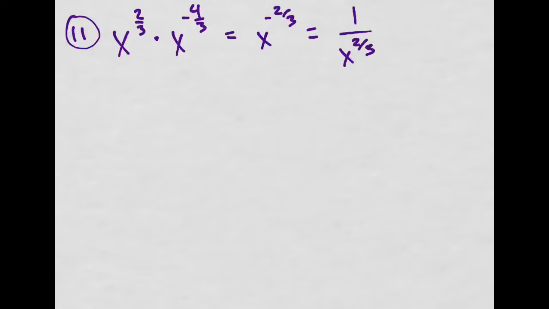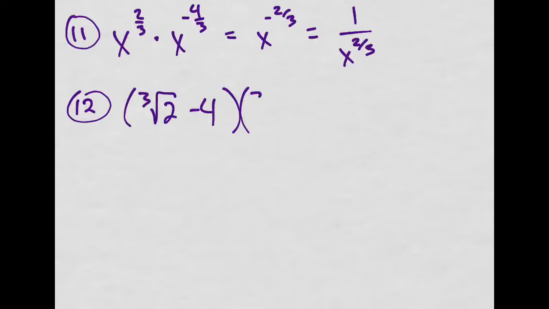Number 12. Cube root of 2 minus 4, cube root of 4 plus 2. And this looks a whole lot like FOIL, doesn't it? Okay. So first comes first. Cube root of 8.